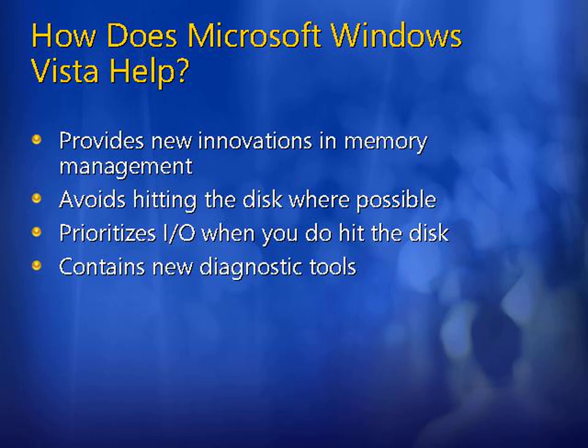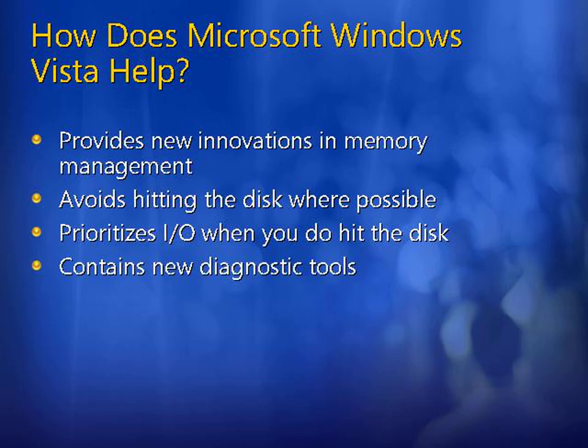We're going to avoid hitting the disk where possible. We're going to try and get the right contents into memory. We're going to leverage flash memory in the system to provide a secondary cache that is faster than the disk. Finally, if you do hit the disk, we're going to make sure you hit it in a smart way, and that user applications are prioritized over background tasks, like defragmenting the disk, indexing your search, and other applications that are important, but not right now.